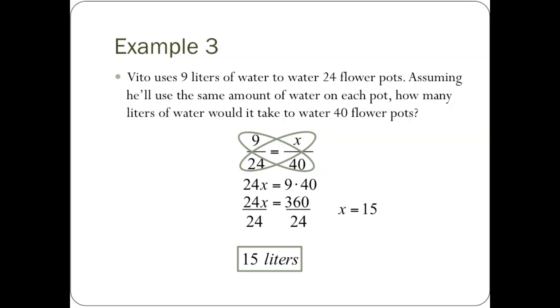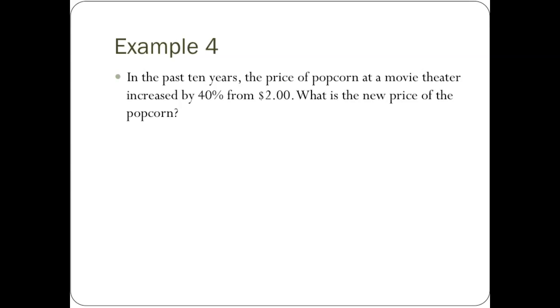All right, example 4. In the past 10 years, the price of popcorn at a movie theater increased by 40% from $2. What is the new price of the popcorn? All right, so 40% we can write as a part to whole, so that would be 40 over 100. Now, if the total price of the popcorn before was $2, that's going to be our number in the denominator.